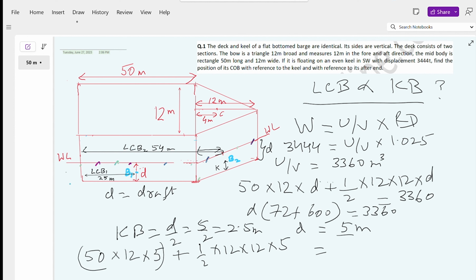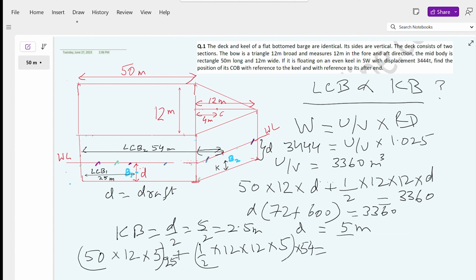Now this is volume, but for moments the volume has to be multiplied by the distance from a reference point, which we are taking aft. So for the rectangle, the volume 50 into 12 into 5 will be multiplied by the distance of the buoyancy from aft, LCB1, which is 25. And for the triangle, as I explained, it will be multiplied by 54. Got it?